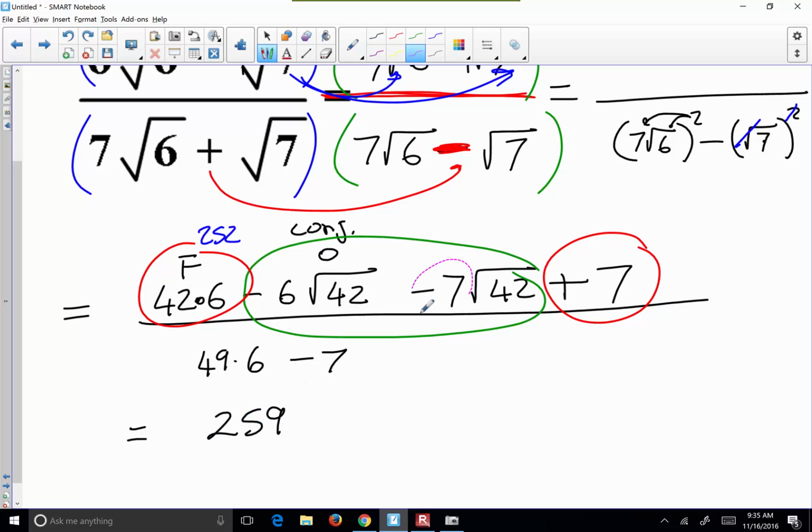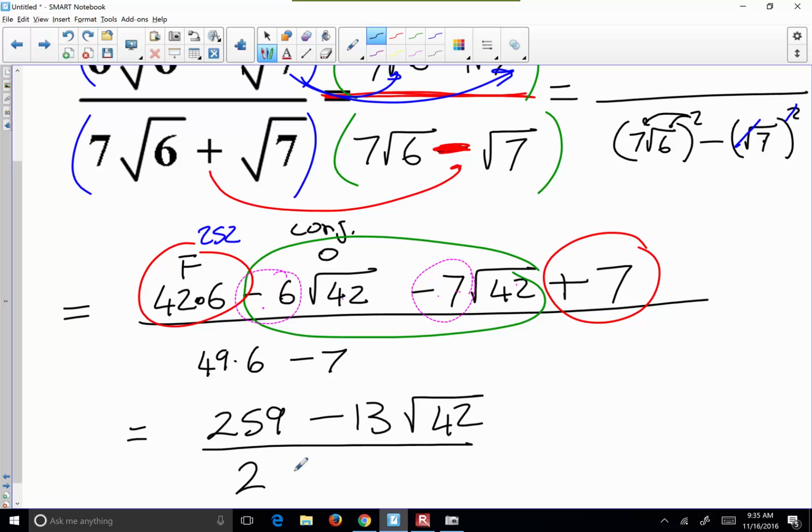These are like 7 apples minus 6, minus 6 apples minus 7 apples. They combine into minus 13 apples. 6 times 49 is, what is it? 294? Yes. Take away 7 though, 287. Okay? Yeah, that's it.